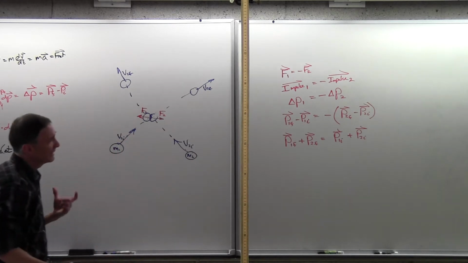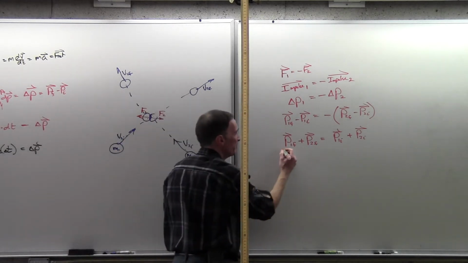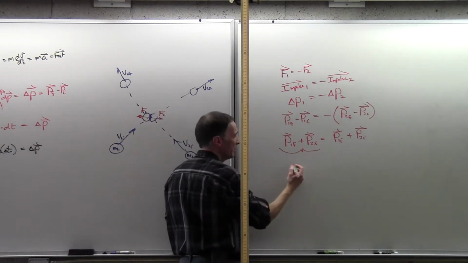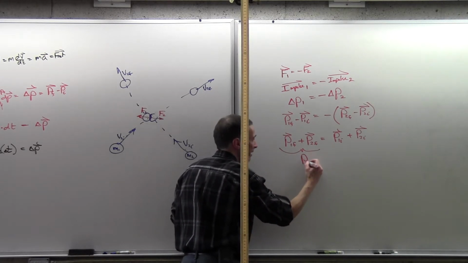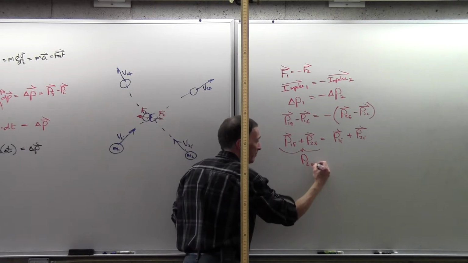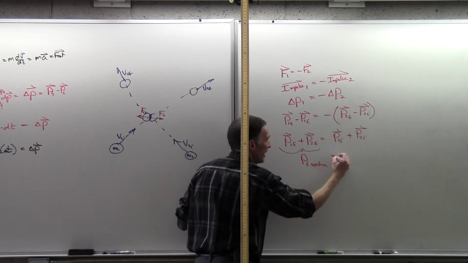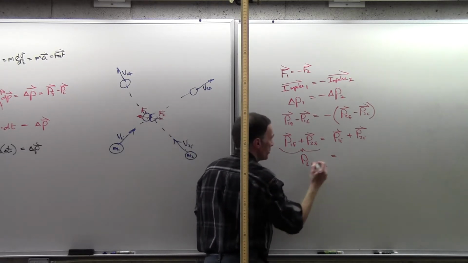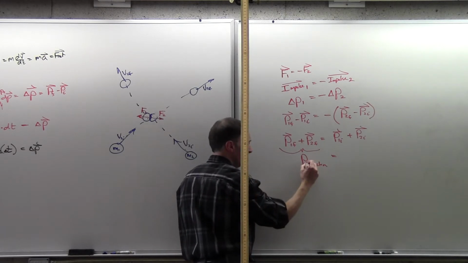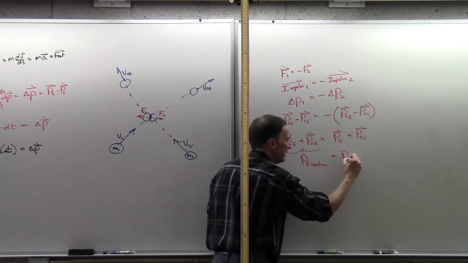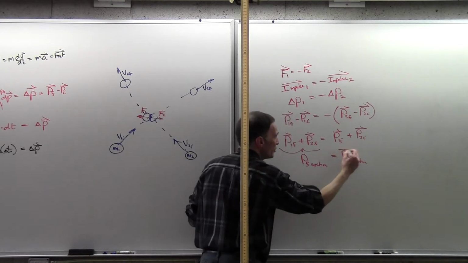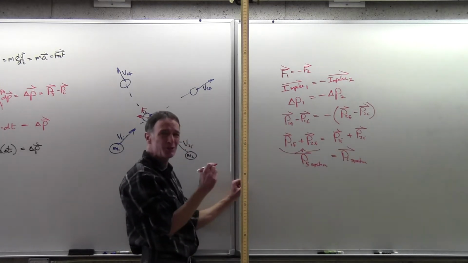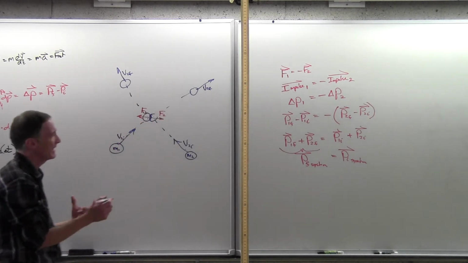So when we look at this as a system between the two of them, their momentums together, the P final of the system is equal to P initial of the system. And so we say momentum is conserved. That means it stays the same.